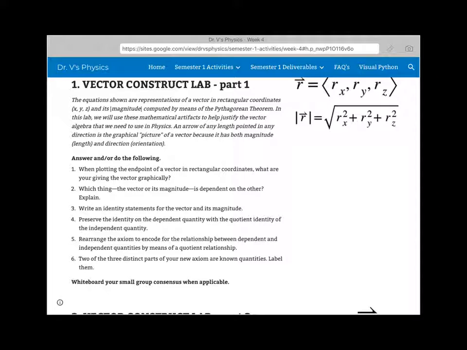All right? And so I now have a vector definition where this is the vector. This is its magnitude. And this is some new thing.